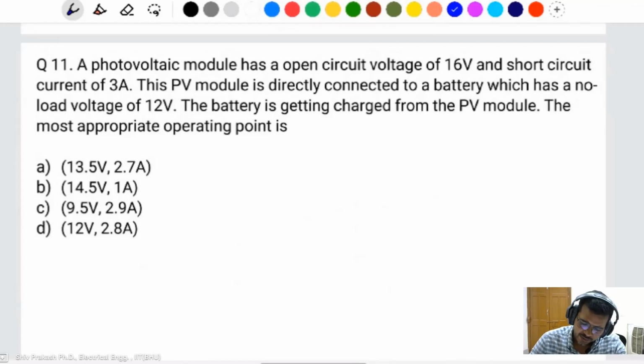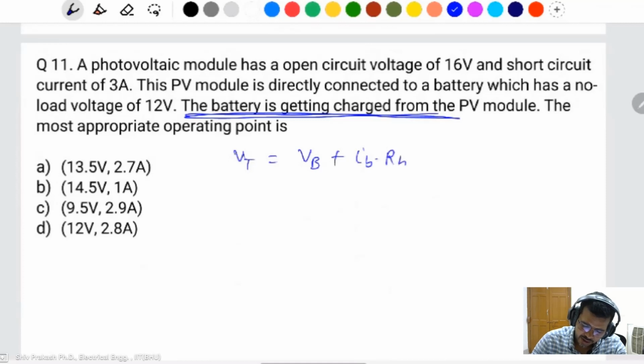In charging mode, Vt is equal to Vb plus Ib into Rb. Vt should be more than Vb in charging condition. Then Vt is greater than 12 volt.